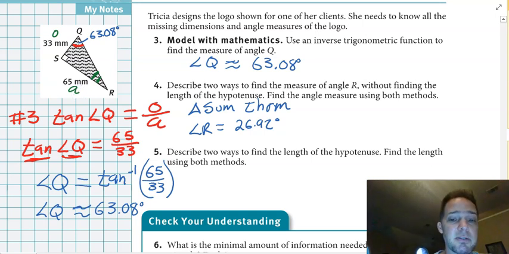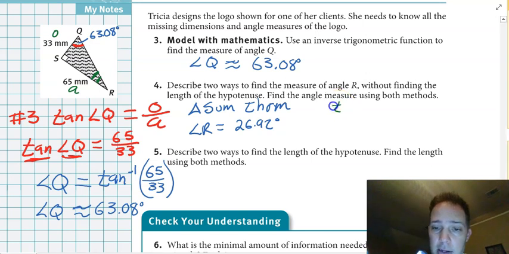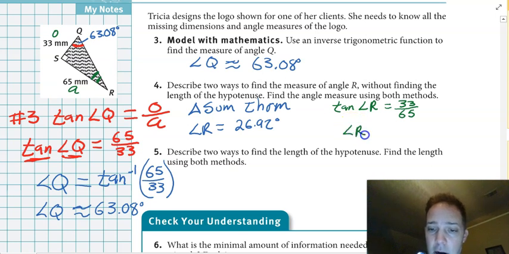So I could set up a tangent ratio to help me solve for angle R. I know tangent of angle R equals opposite is 33 over adjacent 65. Do tan inverse on both sides. Angle R equals tan inverse of 33 over 65.